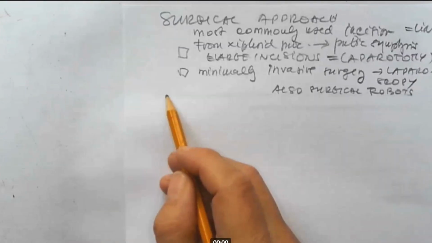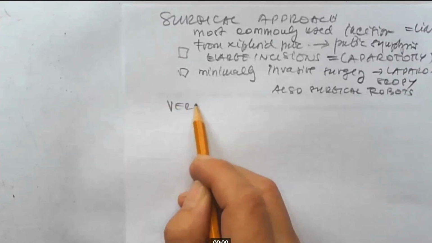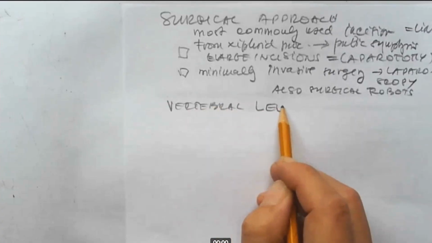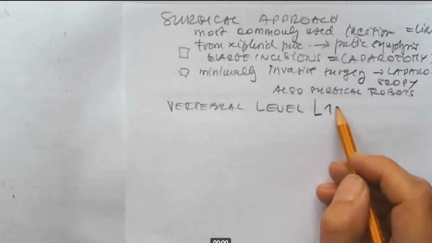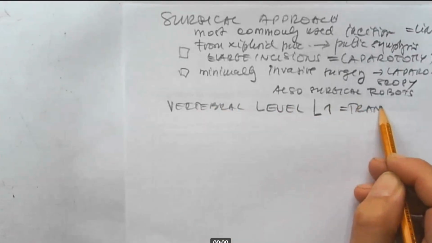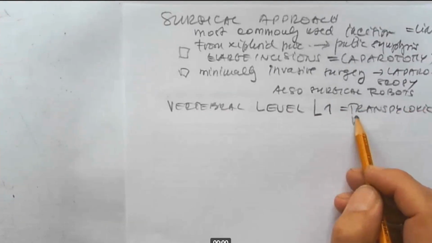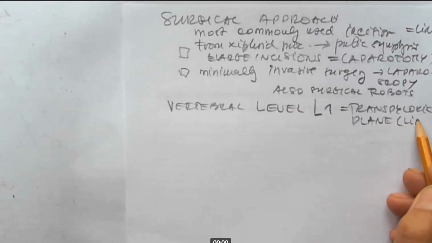There is one last level. We call it vertebral level L1, capital letters L1. We call it the transpyloric plane, or line.